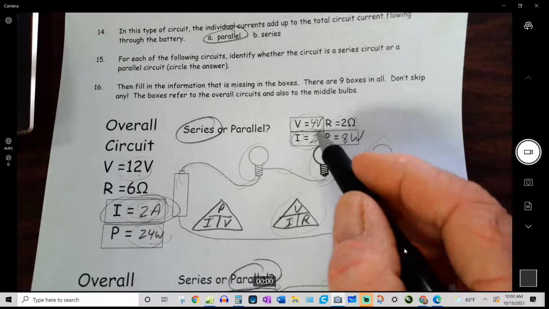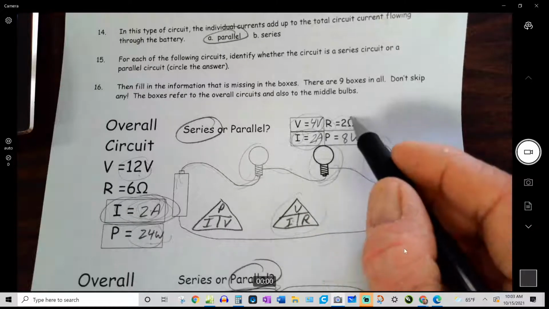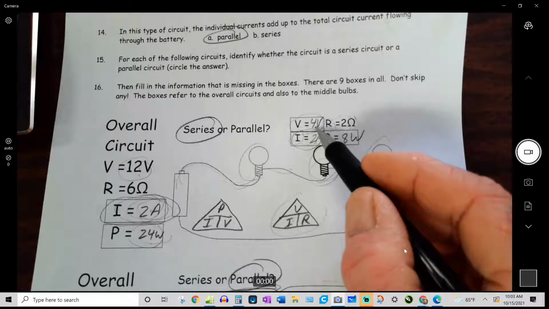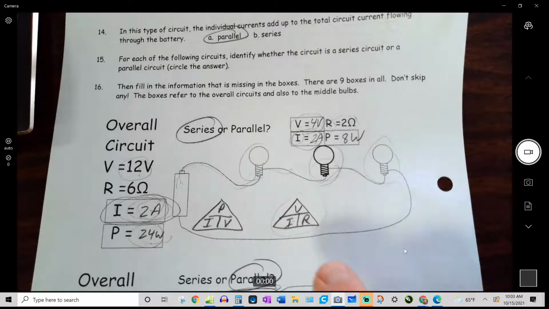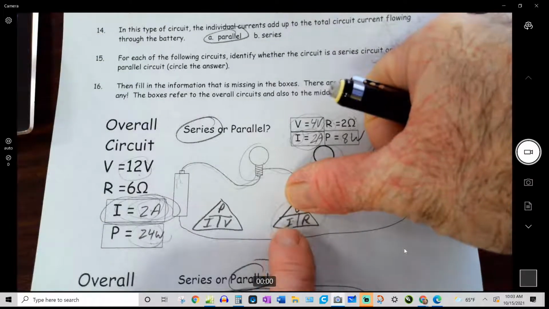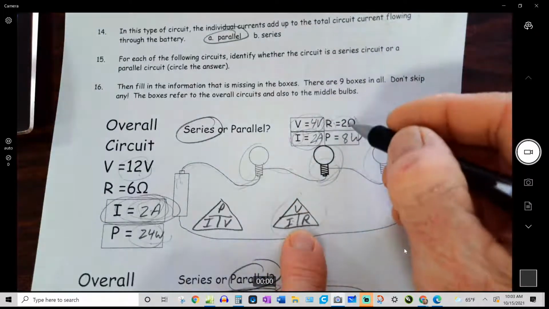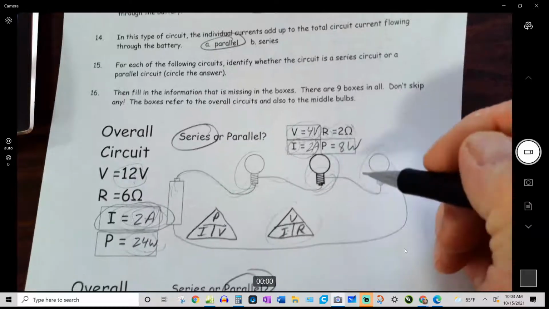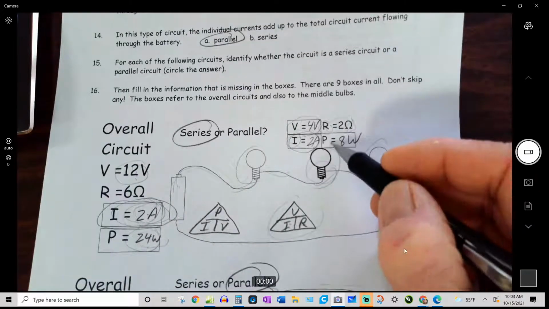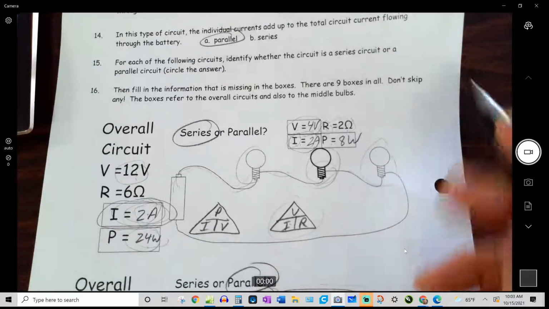And now I've got I and R, so I can find V. V is just IR, so I multiply 2 times 2 and I get 4. And then finally, if I want P, I just multiply V times I. 4 times 2 is 8.